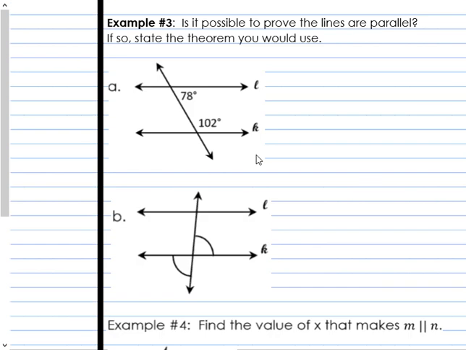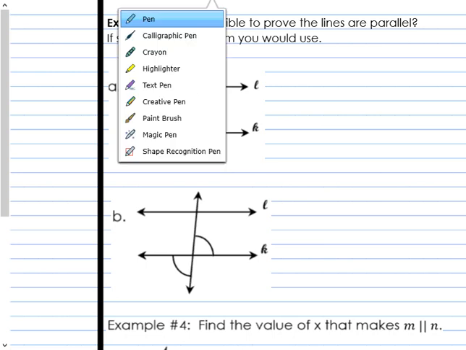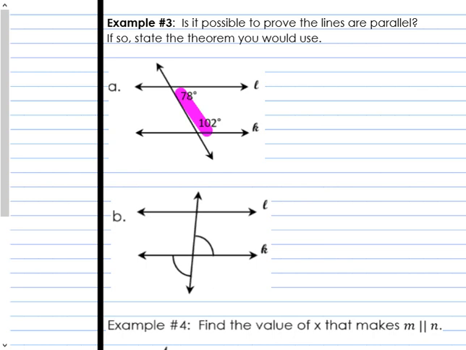So here's an example. Is it possible to prove that the lines are parallel? If so, state the theorem that you would use. Well, they gave us two angles. Those two angles are same side interior. They're on the right side of the transversal. They're between the two lines. I know that if same side interior angles are supplementary, then that means the two lines are parallel.